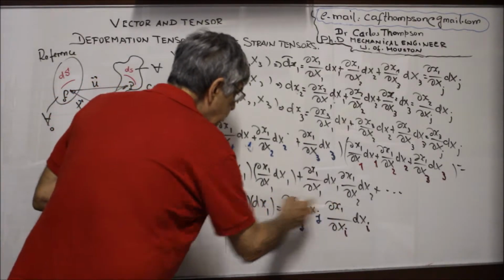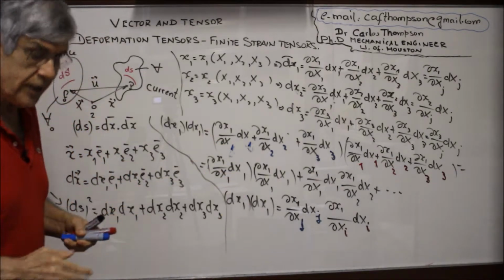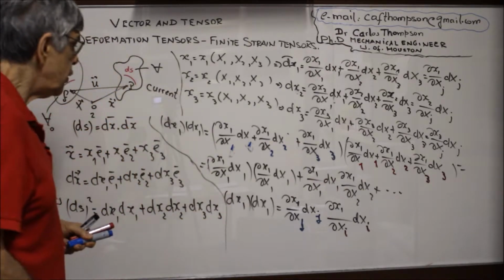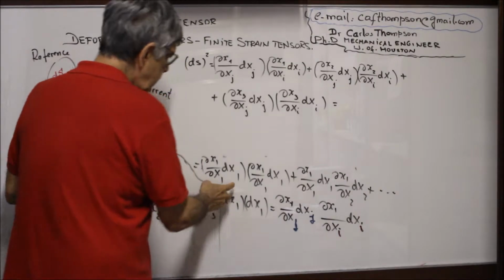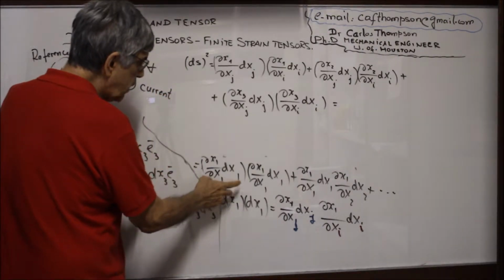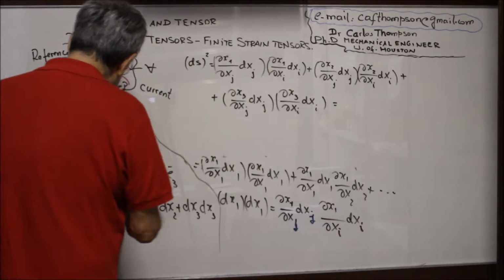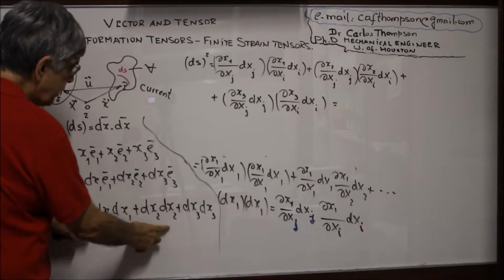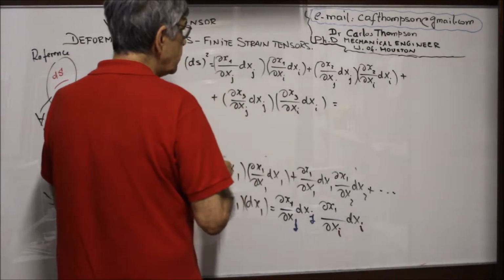dx3, I put 3 and 3. That's a sum, so I can easily represent the sum using tensor notation. This is dx1 times dx1 here. Now I'll add dx2 times dx2.